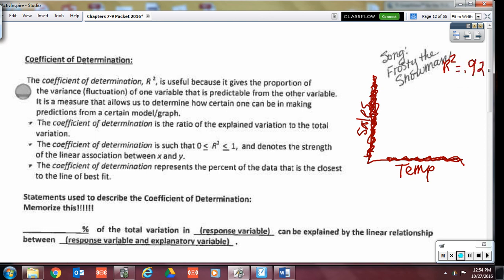So 92% of the reason that the sales are fluctuating is because the temperature is fluctuating. That means 8% is attributed to other things.